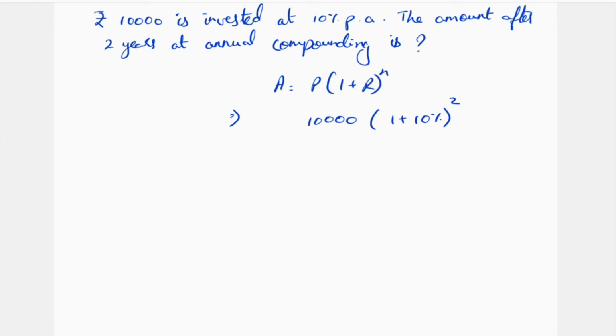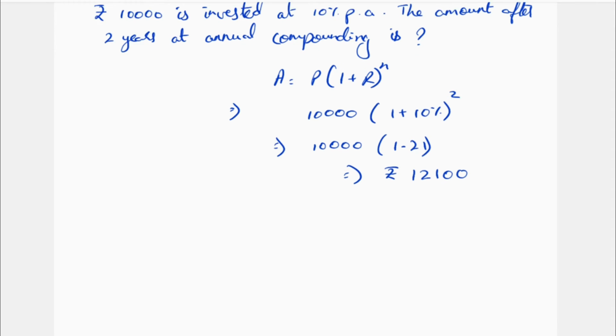I'll have 10,000 multiplied by 1.21, that gives me 12,100 rupees. This is the amount that I have at the end of 2 years. I hope this is clear. Now, next question.